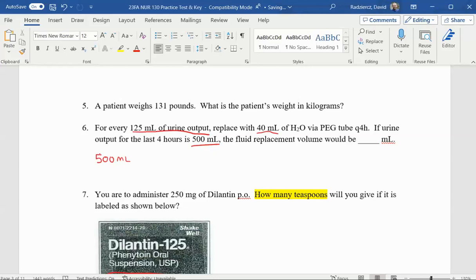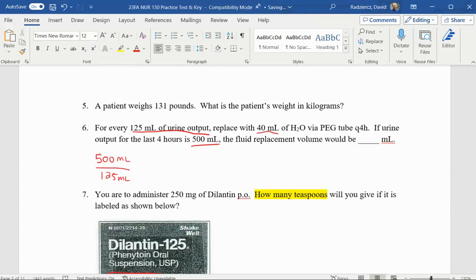I'm going to put that over the expected output of 125 milliliters. So what I'm trying to do is find out what that relationship is. If you were to reduce that down, it would be 4. You'd cancel out milliliters, but the number would be 4.